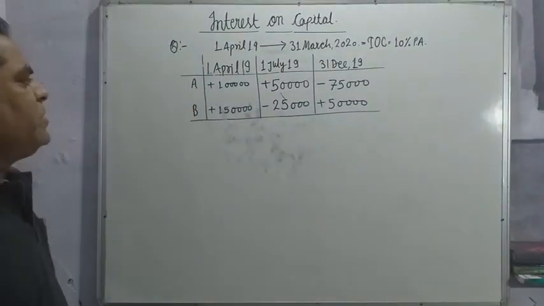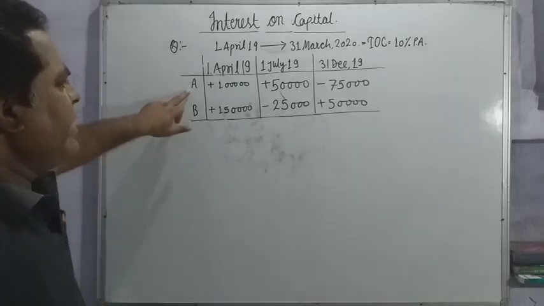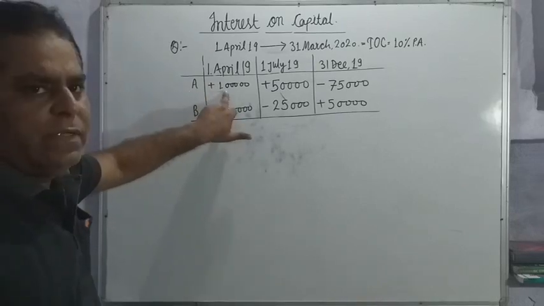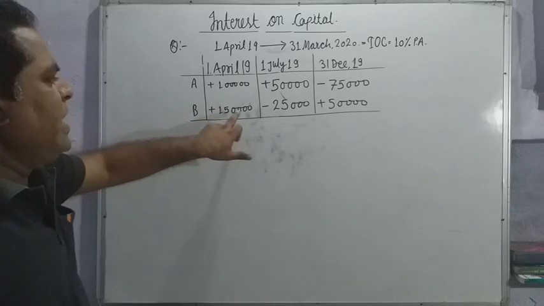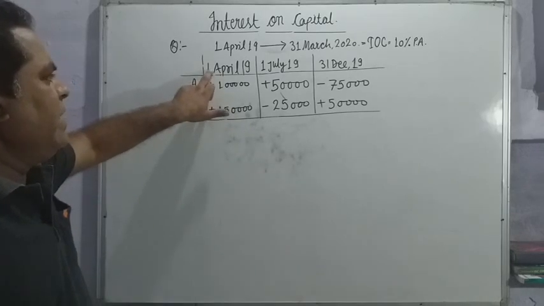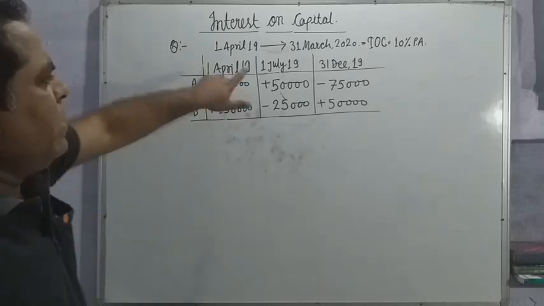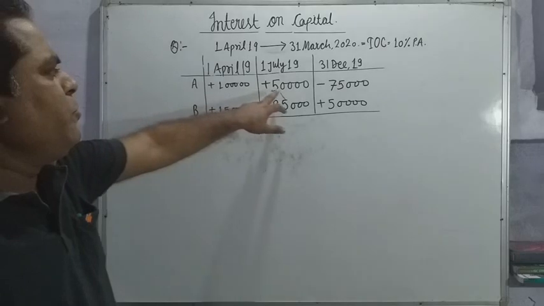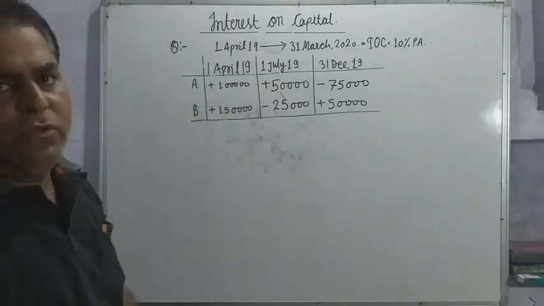Now in this question I am giving you one example. Suppose A is starting the partnership with a contribution of 1 lakh and B with a contribution of 1,50,000 on 1st April 2019. After that, on 1st July 2019, A is again contributing 50,000 rupees, but B is withdrawing 25,000 rupees.